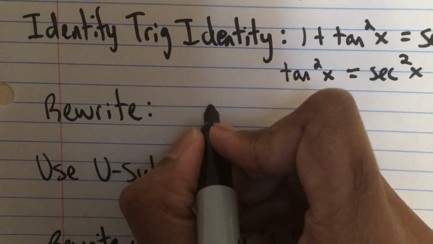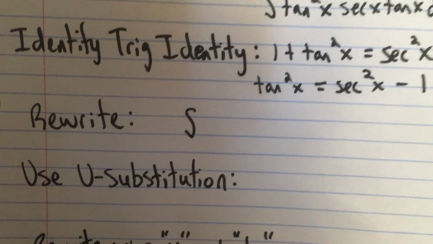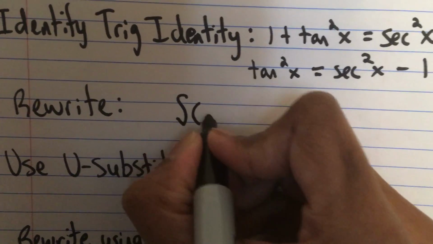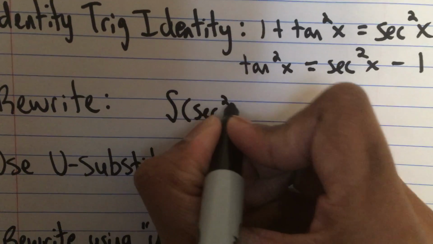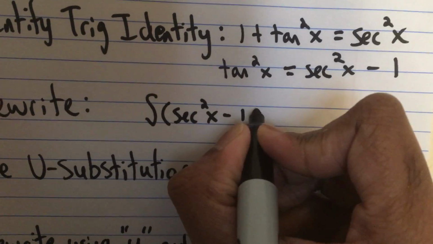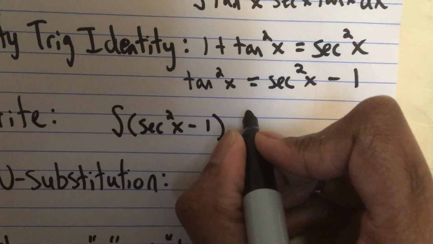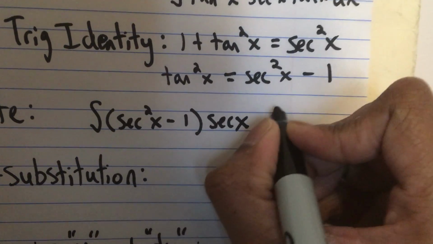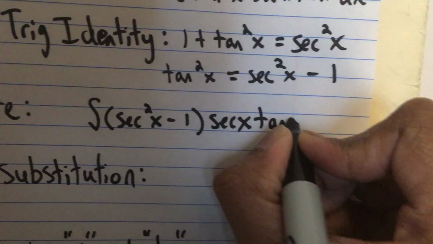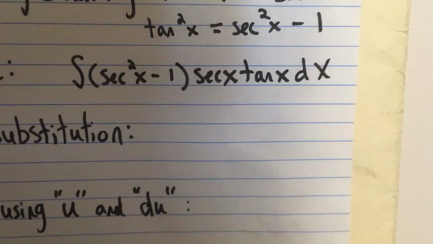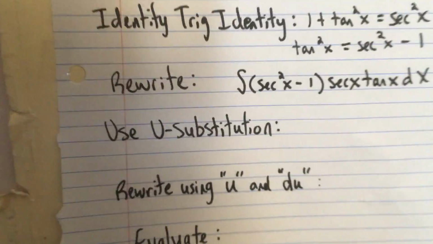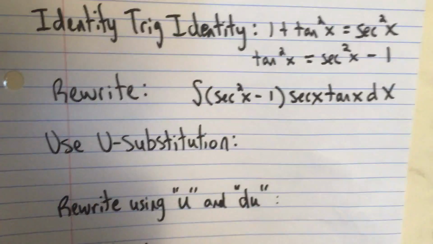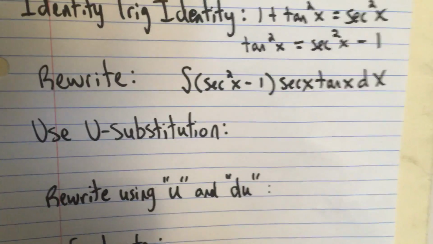So now we have the integral of secant squared x minus 1 times the secant x tangent x dx. All right, now I'm going to use a u sub.